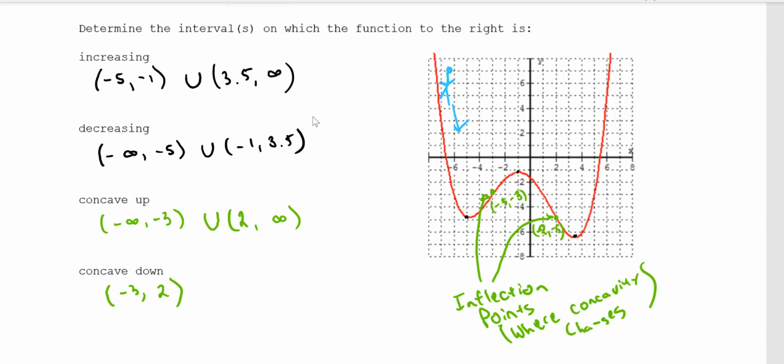Typically, to be able to find these points with algebra and exactly, you're going to need calculus, which we don't quite have yet in precalculus. And just like with increasing and decreasing, you describe where you're concave up and concave down by the intervals on the x-axis. So you're not talking about the y values with concavity here.